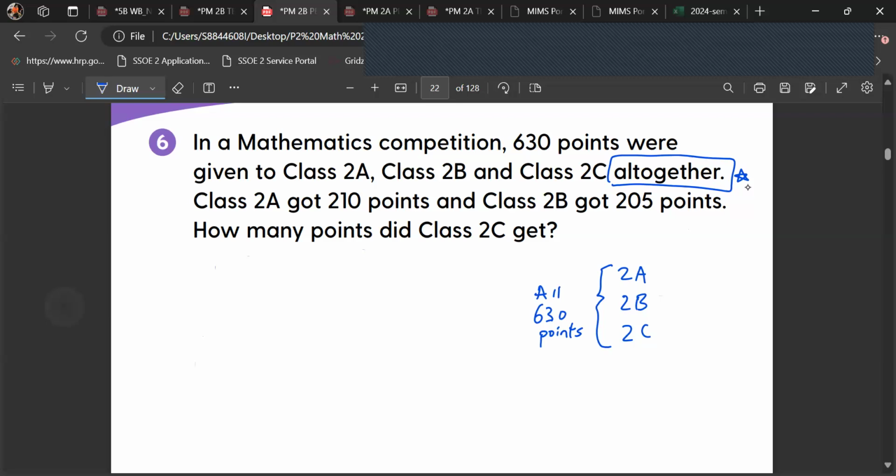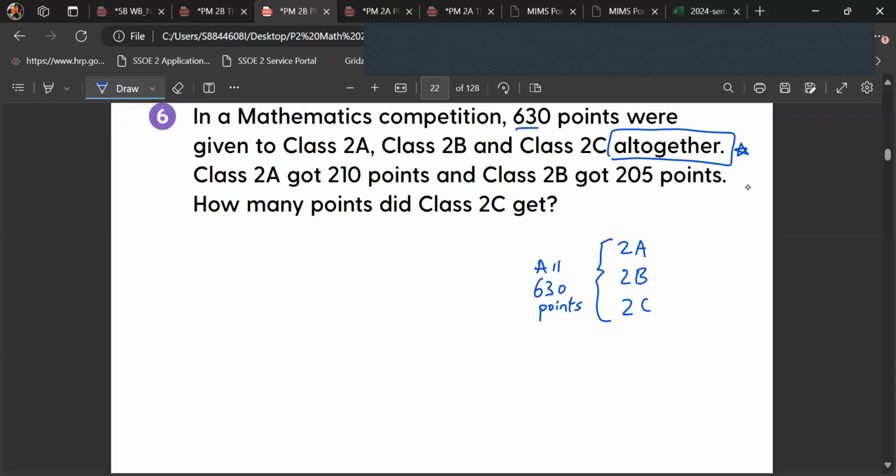Right? So all of them for A plus B and C is 630 points altogether. Then you ask yourself whether all the three classes are provided. Is not. You only got A. So you only got A is 210. You've got B is 205.